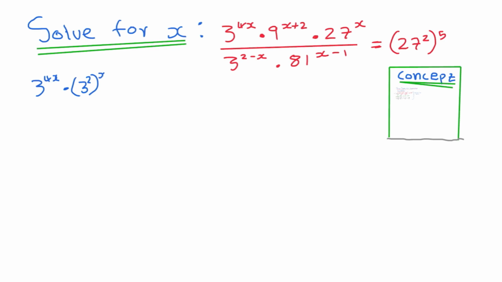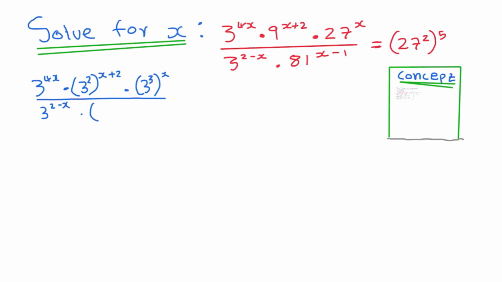And you're going to have x plus 2. Then when you change 27 to a prime base, it's going to be 3 cubed, which is going to be to the exponent x, right? All over, and then you have 3 to the exponent 2 minus x multiplied by.